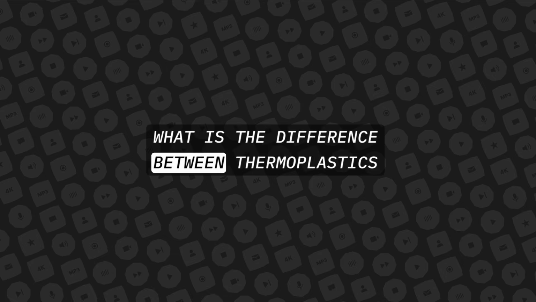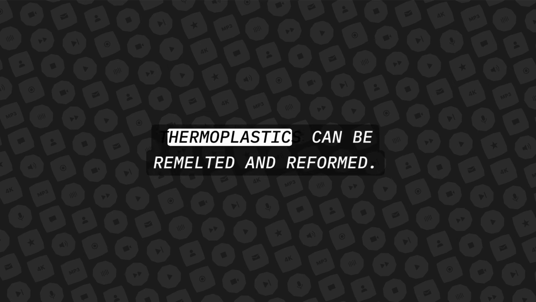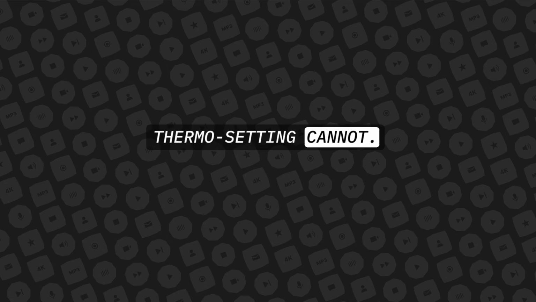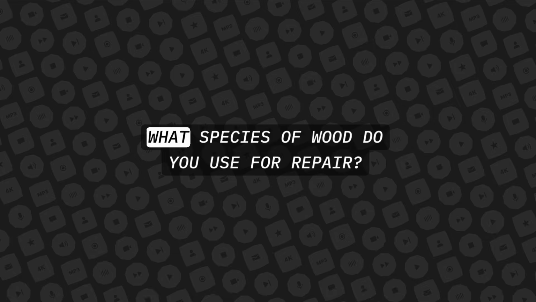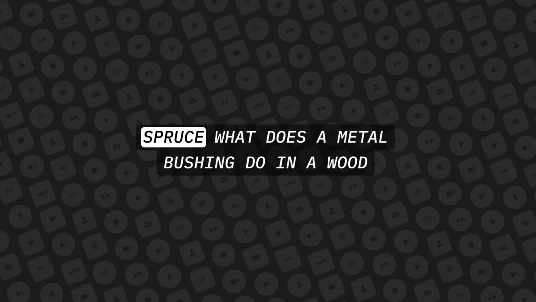What is the difference between thermoplastics and thermosetting plastics? Thermoplastics can be remelted and reformed. Thermosetting cannot. What species of wood do you use for repair? Spruce.